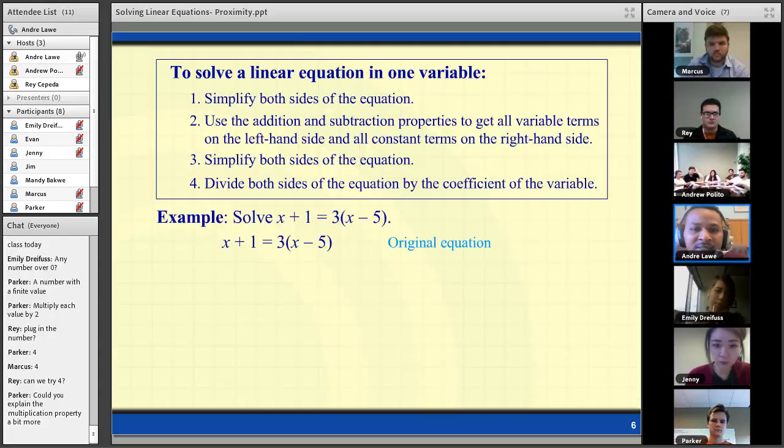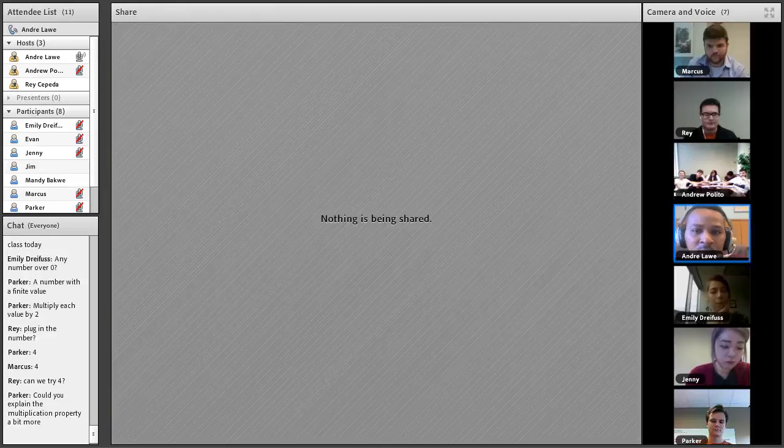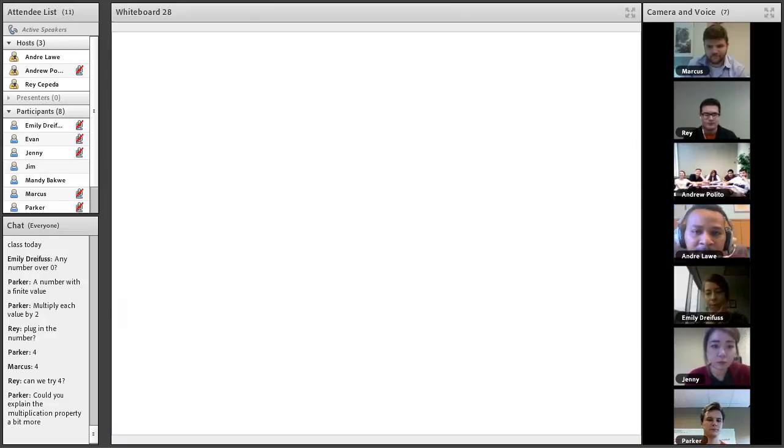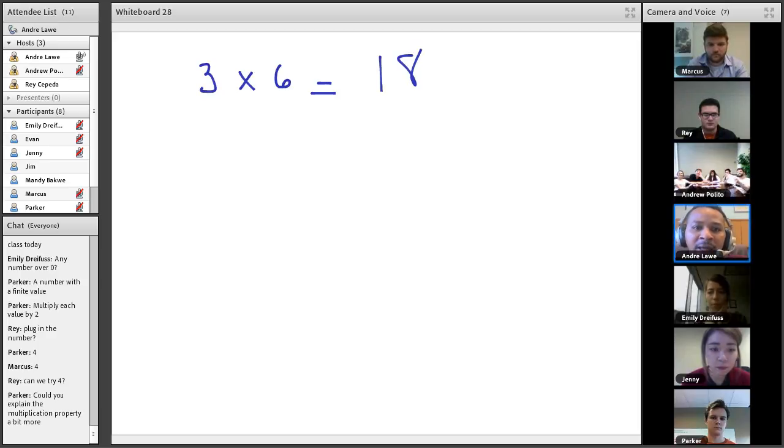So with this example, x plus 1, sure, Parker, I will absolutely go over the multiplication property. So the multiplication property tells us that if we have an expression 3 times 6 equals 18, let's say, if we multiply both sides of the equation by any non-zero number, let's say 2, we should end up with equivalence.